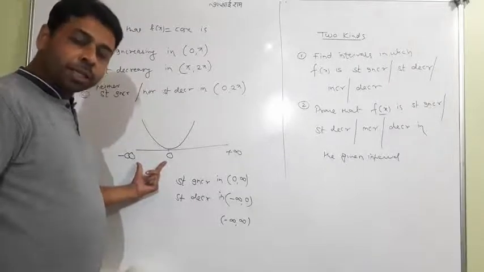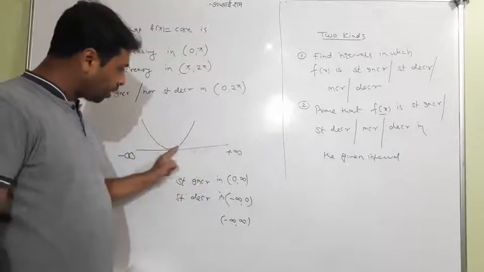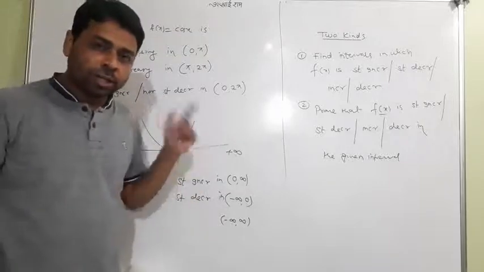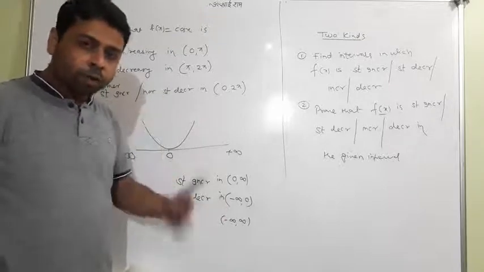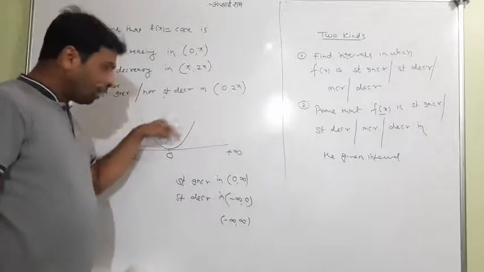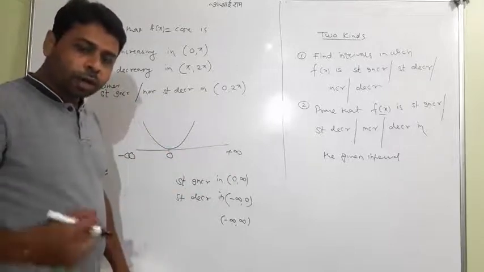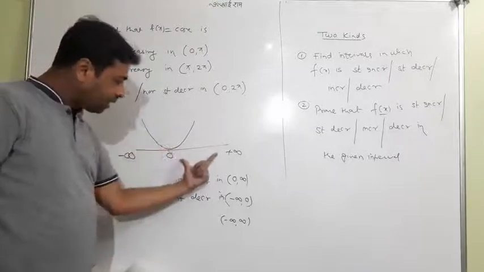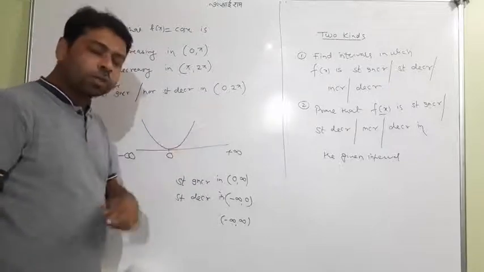It is a subinterval. In this subinterval it is decreasing, and in this second subinterval it is increasing. So over the whole interval it is called neither strictly increasing nor strictly decreasing, because both kinds happen. Again, if I ask you the nature of the curve in minus infinity to infinity, you will reply that in the first subinterval it is strictly decreasing, and in the second subinterval it is strictly increasing.